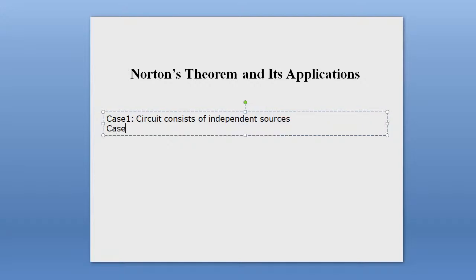Case 2, circuit consists of both independent and dependent sources.